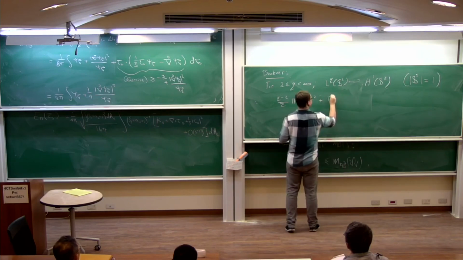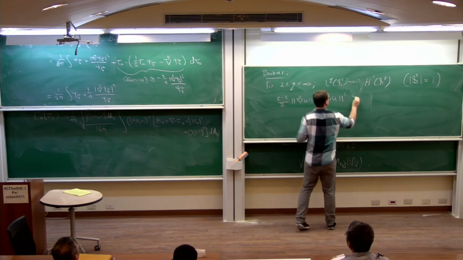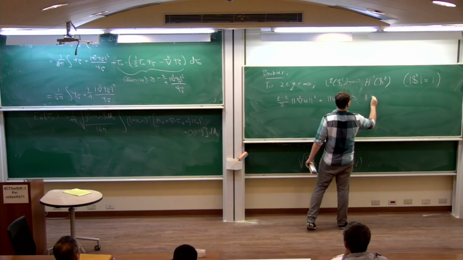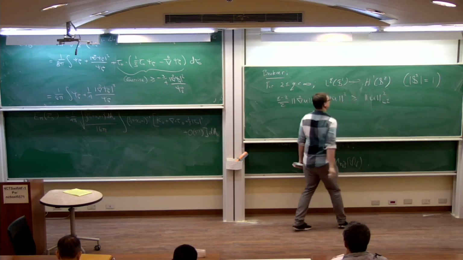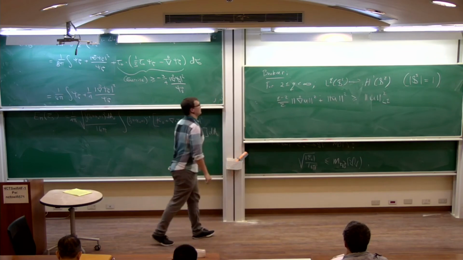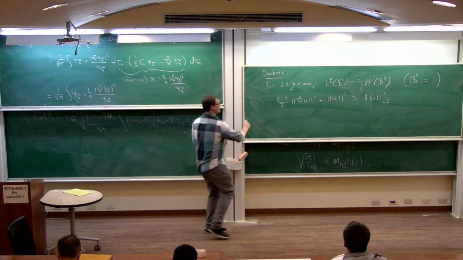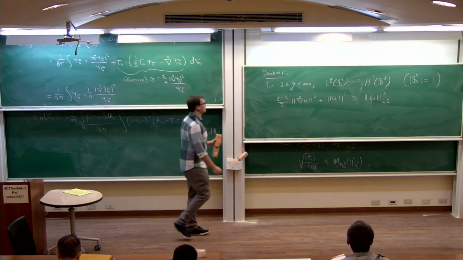Let's see. So u squared is bigger than or equal to L^q squared. So if I'm in H1, anyway, this is the inequality I want.